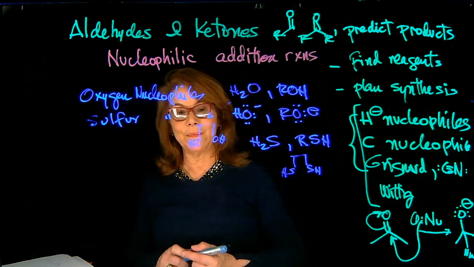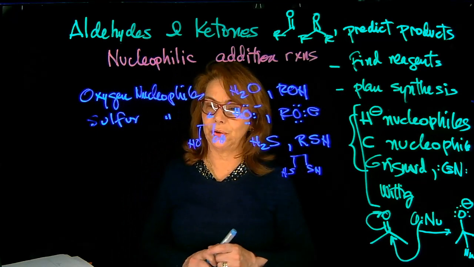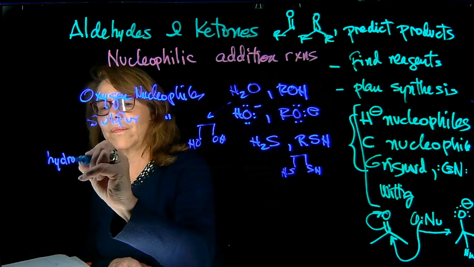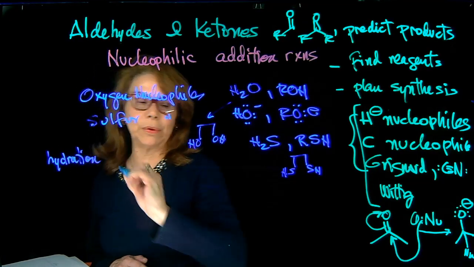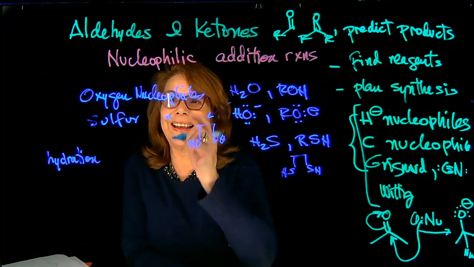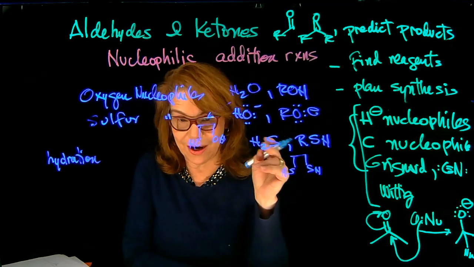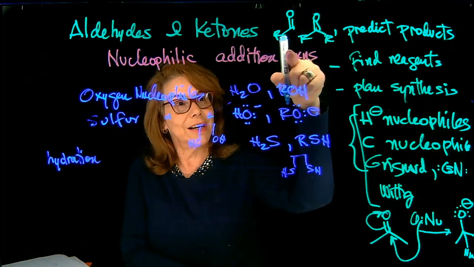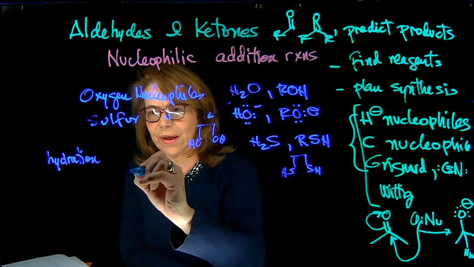The first reaction that we're going to be looking at is a hydration reaction in a couple of conditions. In the hydration reaction, you're adding across the double bond of an aldehyde or a ketone an H and an OH. We're going to see how that happens.